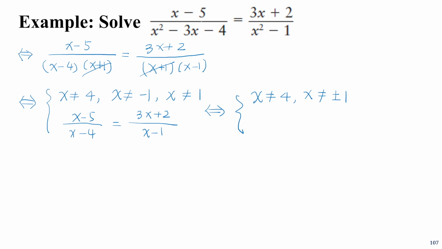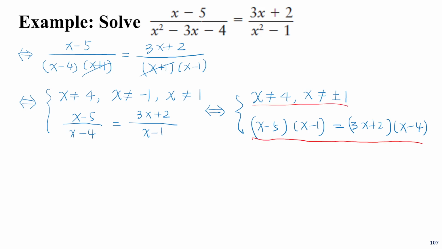And that's equivalent to, first, again, we ensure x cannot be 4, x cannot be either positive or negative 1. Then the second expression is equivalent to (x minus 5)(x minus 1) equals (3x plus 2)(x minus 4), right? Also note that if you use cross product, do not forget to constrain your x here. Otherwise, this expression is not equivalent to the expression itself, right?